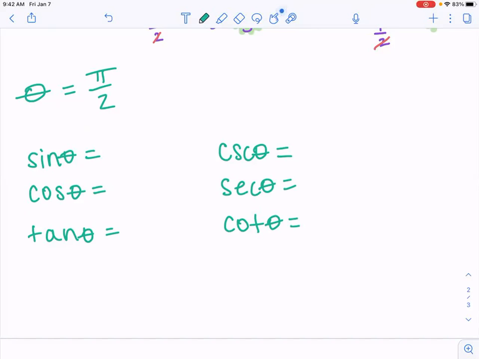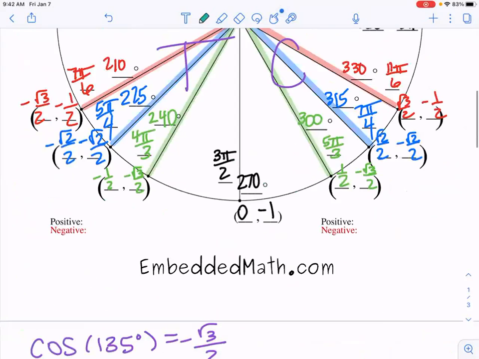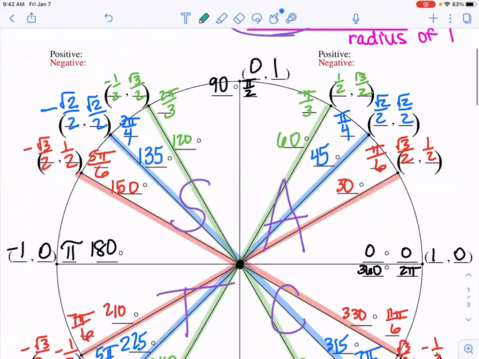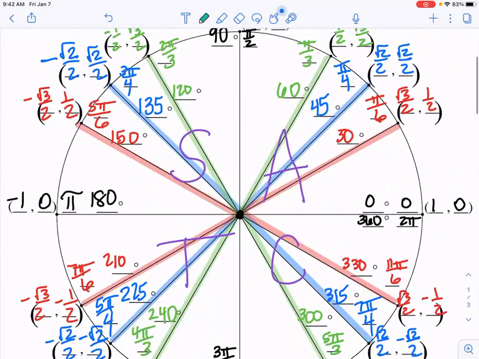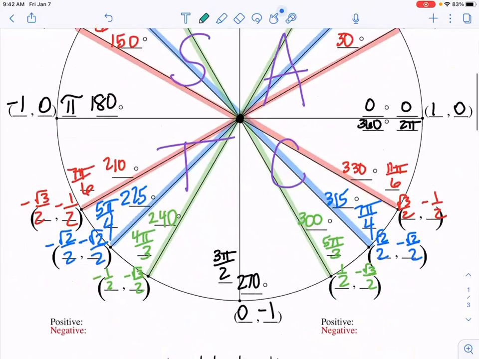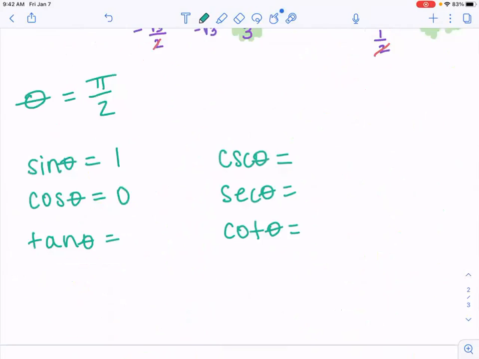That means we moved up along the radius, and our coordinate is 0, 1. X comma y, 0, 1. So that means our cosine ratio is 0. Our sine ratio is 1. Okay. Our tangent ratio we get by taking y over x, sine over cosine. Oh, yikes. 1 divided by 0. Do we do that? No, this is undefined.